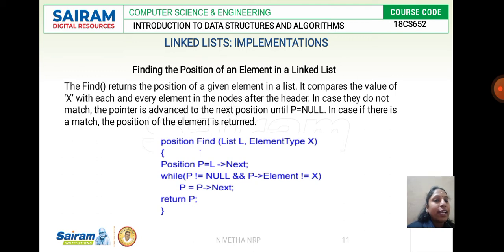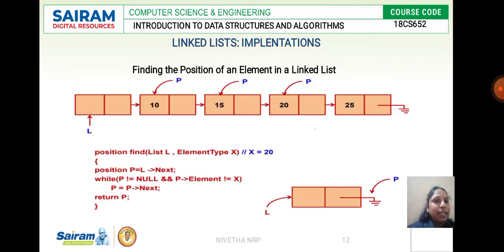When either condition fails, it is going to return P. What is P here? The position of a particular element, whether it is the third element or the fourth element. It will return that position. This is the code for finding the position of an element in a linked list.